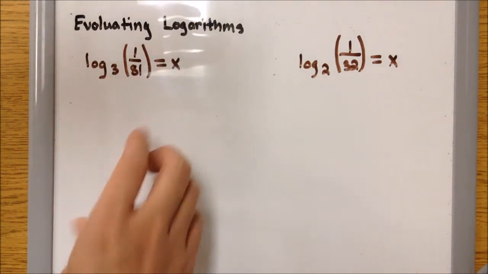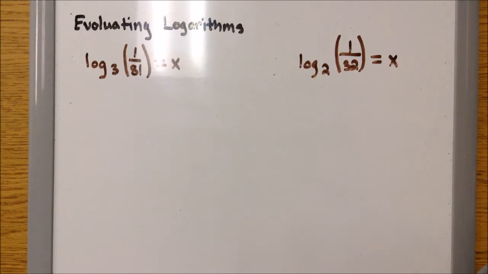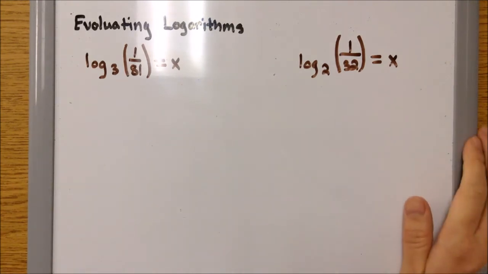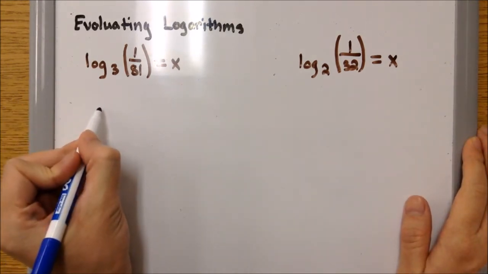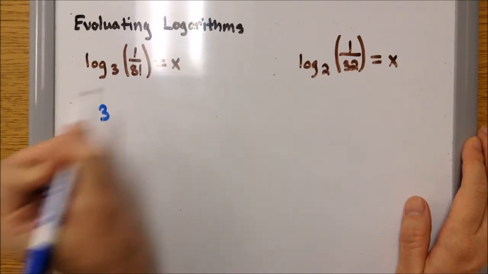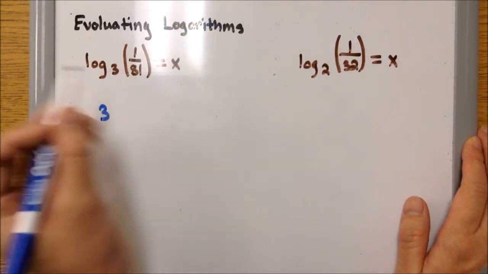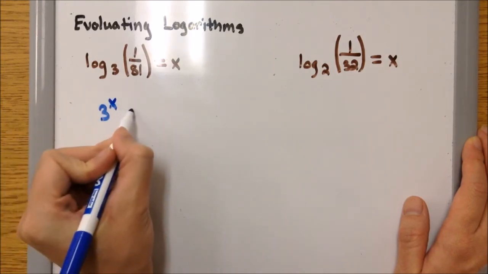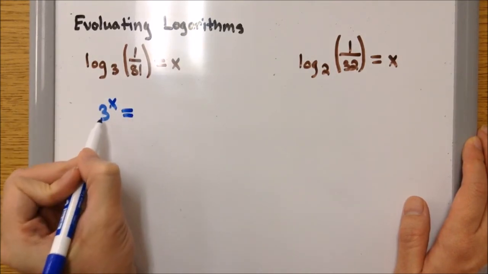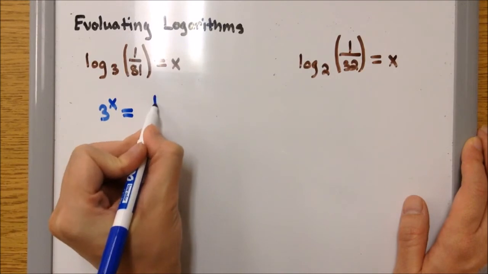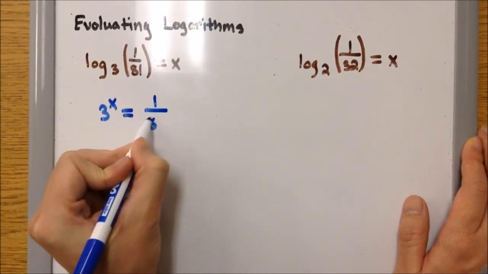It's the same process, just an extra step. So let's convert into exponential form. 3 is our base, raised to whatever the log equals, so x. In exponential form, 3 to the x power equals 1 over 81.